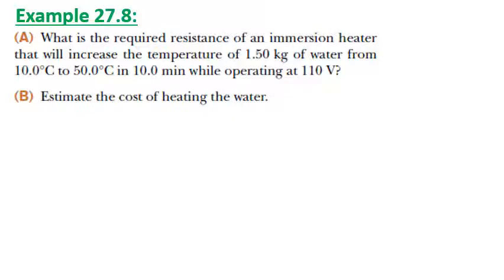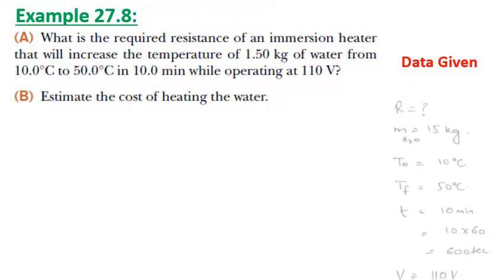If you look at the data and you remember heat and thermodynamics, you see that we have mass and change in temperature and time. So we will be referring to Q by using these quantities.